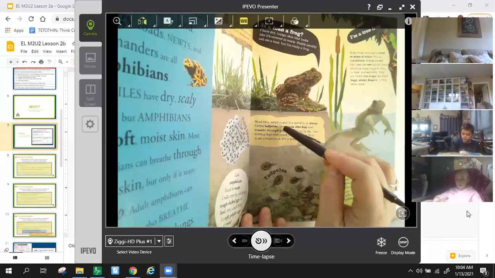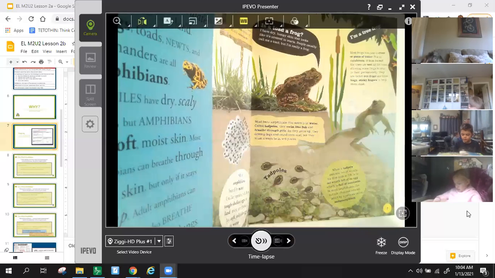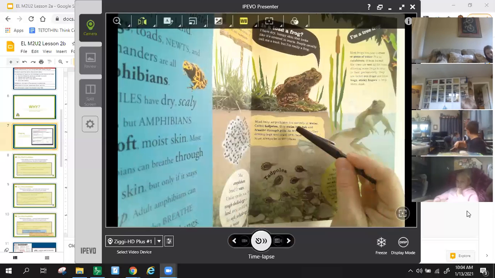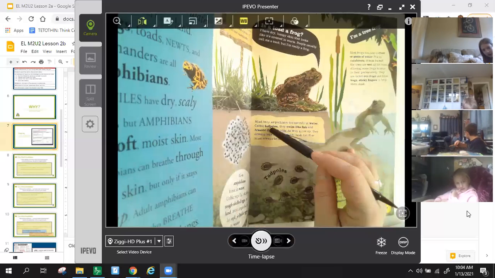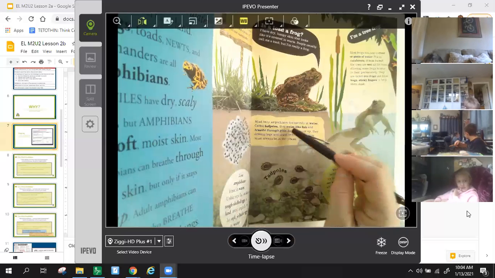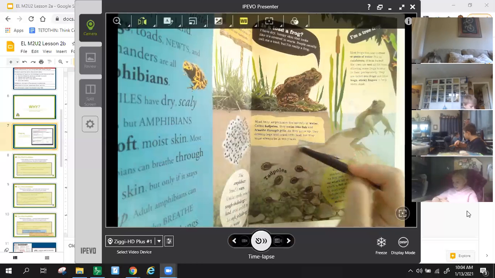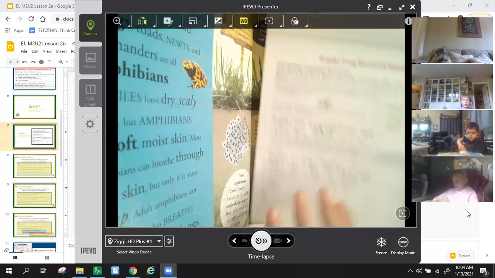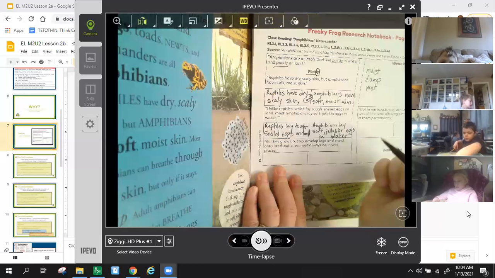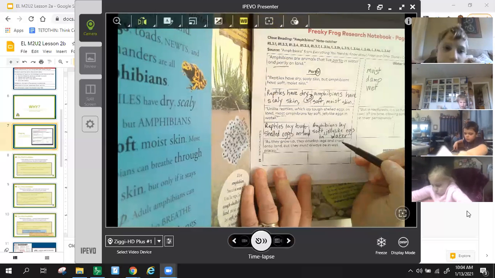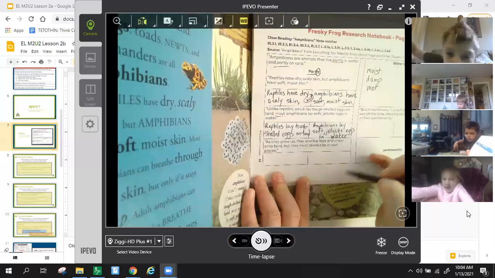There's a lot of information there, but I think the next sentence is what we really want to look at. As they grow up, they develop legs and crawl onto land, but they must always be in wet places. So look at page 63. I'll wait till everybody's got that. Here's our section down here.